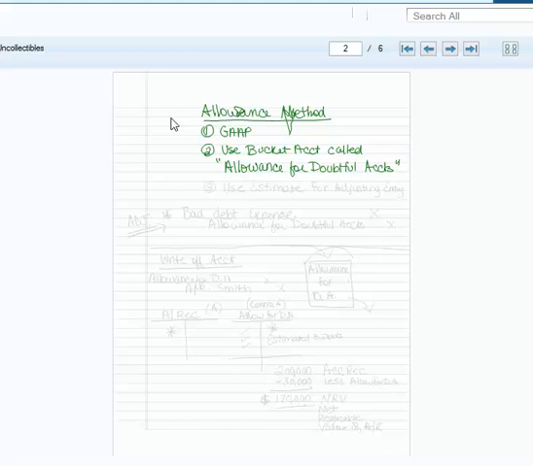And also, in the allowance method, you're going to use an estimate for an adjusting entry. The adjusting entry is always the same. And what is the adjusting entry?